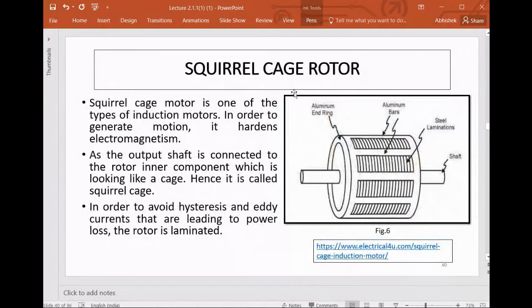Okay, then we have seen the construction part of this squirrel cage rotor. Some aluminum end rings, aluminum bars and steel laminated cores are used inside this squirrel cage rotor, and the shaft rotates when you apply the working principle.